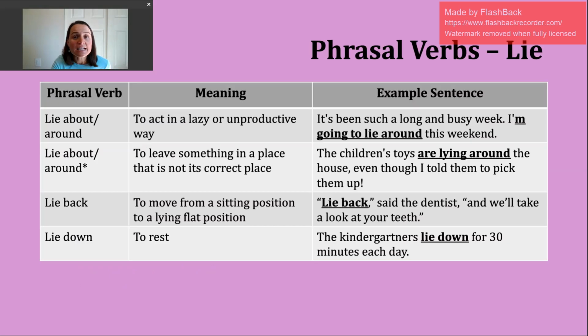Okay. Let's take a look now at some phrasal verbs with lie. One that you might hear is to lie about or lie around. Both of these phrasal verbs are used in similar ways, and they both have two different meanings. One meaning might be to act in a lazy or unproductive way.